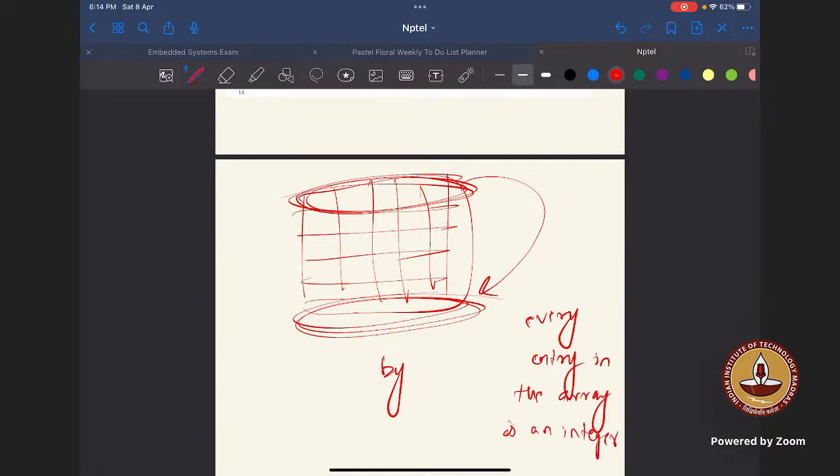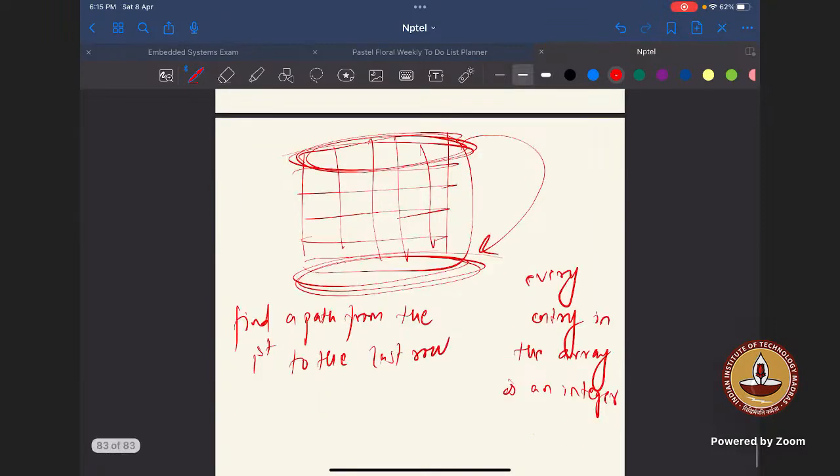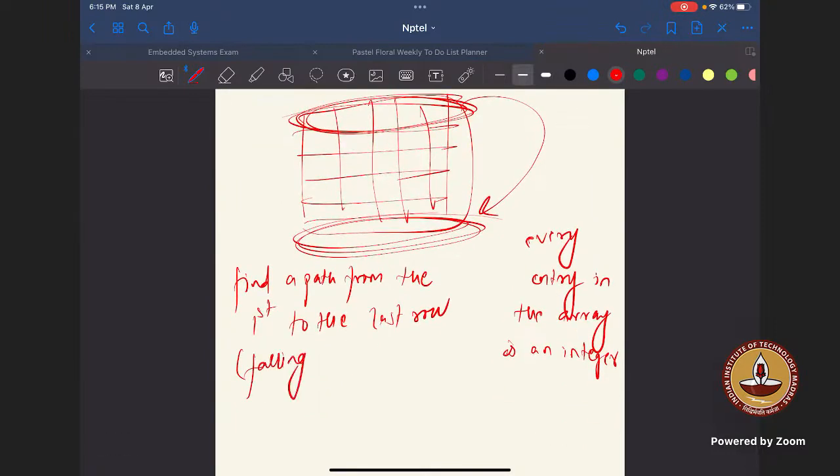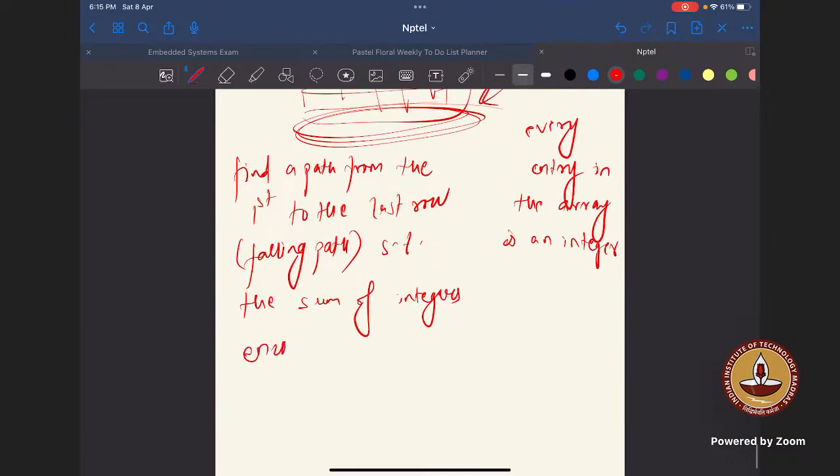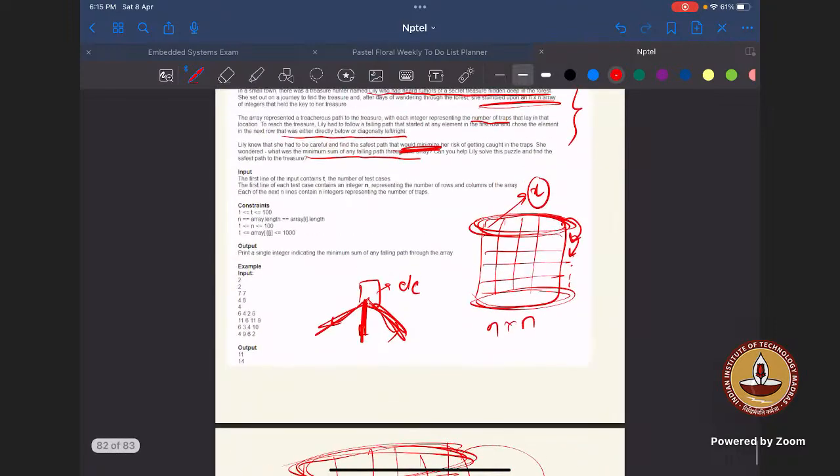So you have to find a path from the first row to the last row, which is also called the falling path, such that the sum of integers encountered in the path is minimum. Okay, so yeah, that is the whole question.